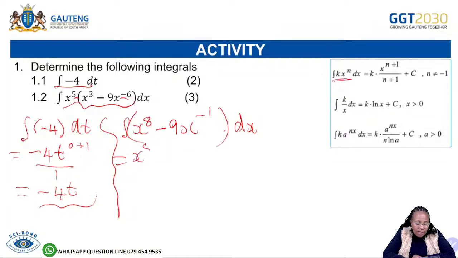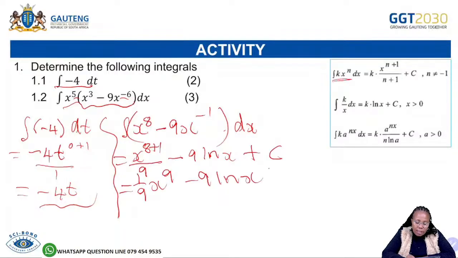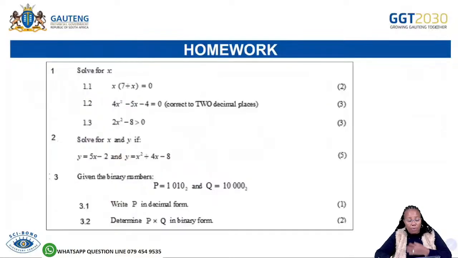That means it's x to the power 8 plus 1 over 9. 8 plus 1 is 9. Minus 9, we leave the constant value, 9 over x, it will be the ln of x, and then plus c. So that is the simplified part, it's 1 over 9 x to the power 9 minus 9 ln x plus c for that particular problem.